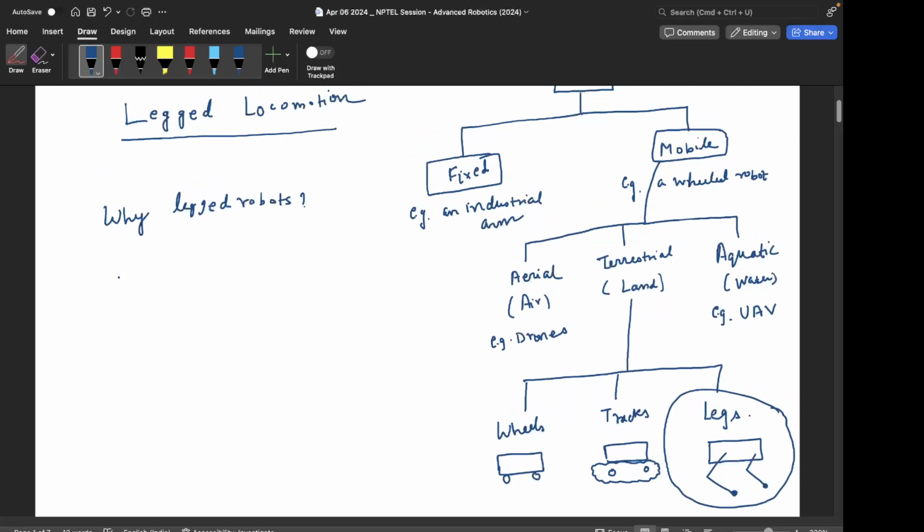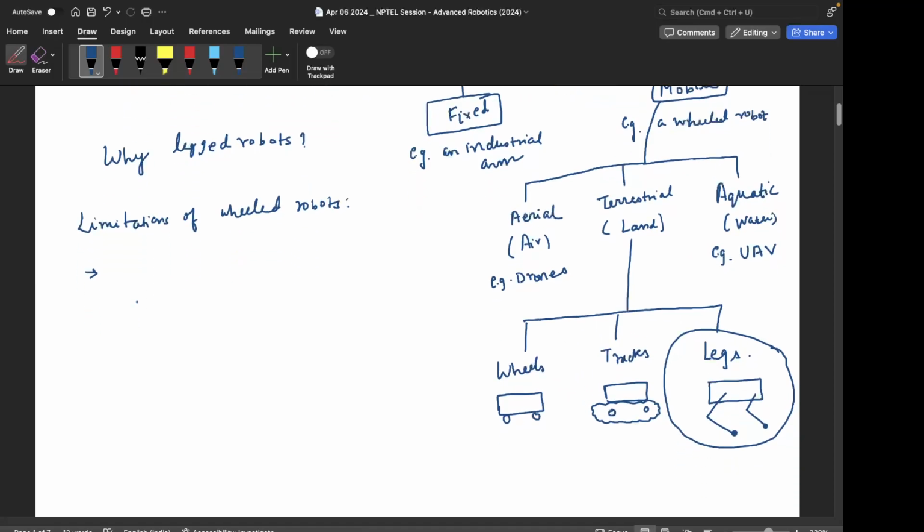So wheeled robots, as you imagine, they have limitations right? So limitations of wheeled robots. First thing is they cannot move in non-flat terrain.